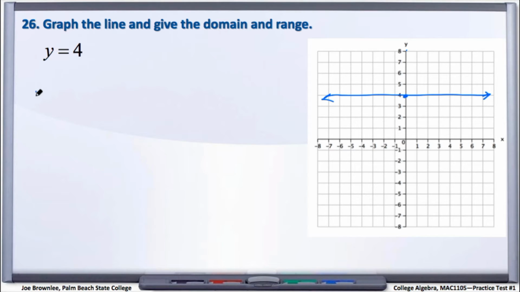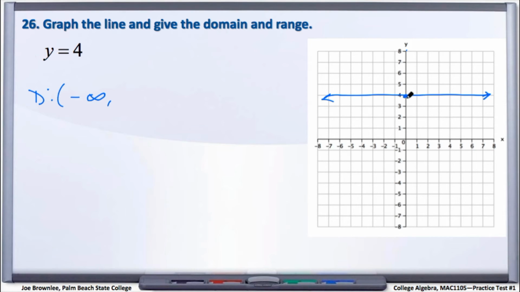And so the domain here, well, let's see, what are the possible x values? Well, if we have arrows at the end of our line here, we know that it goes on in both directions forever. It never stops. As it heads out to the left here, we can see that the x's are getting smaller, aren't they? And if they're getting smaller forever, then that means they're heading out to negative infinity.